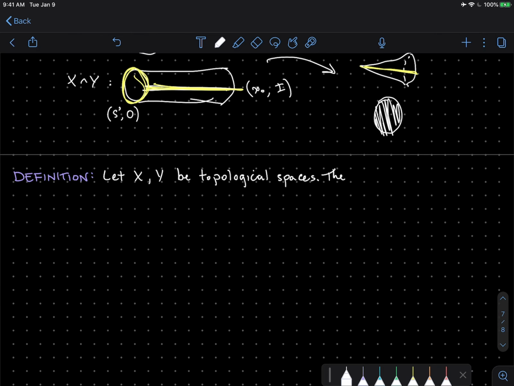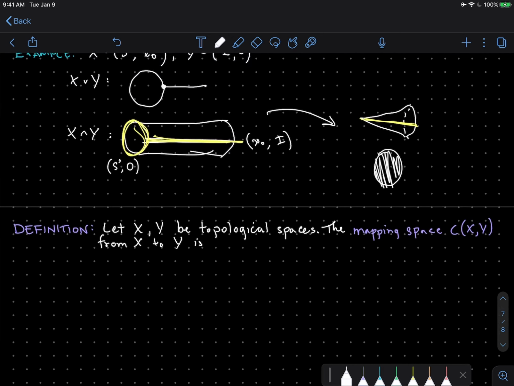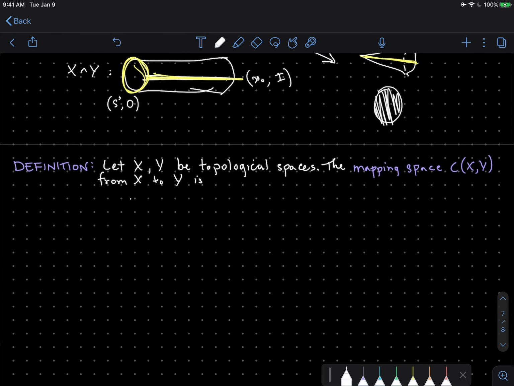The mapping space, written C of X, Y, this is the mapping space from X to Y, is, well, as a set, C of X, Y is just the set of continuous functions.